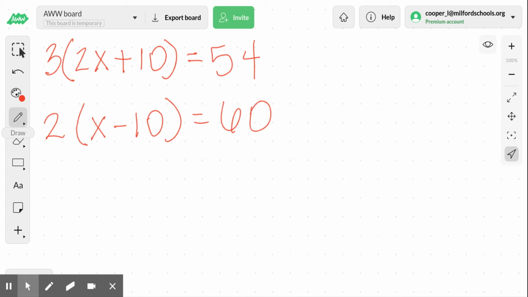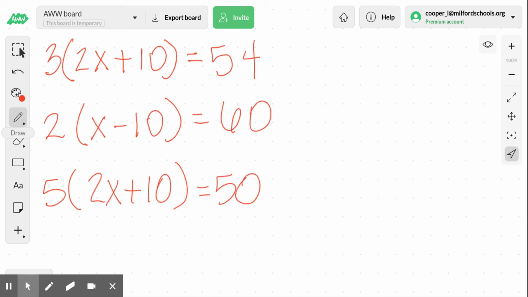Then let's do 5 times the quantity 2x plus 10 equals 50. And let's do one more. Let's do one with a negative.